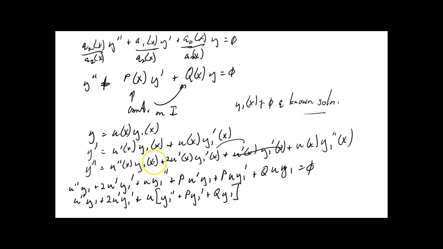All right, hold up right there. I pulled off this term and that term, and put them together. Those with just u in them, and factored out the u, right? Okay, and I've still got one more term left, plus p u prime y1.